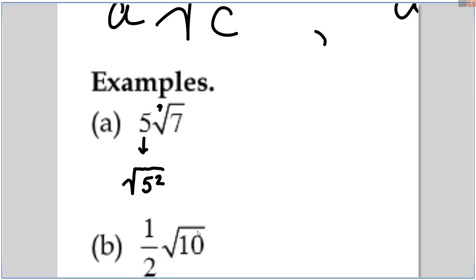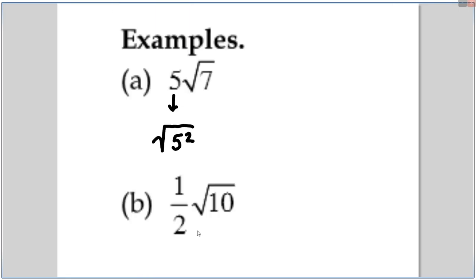It's not there, but it is there. Square root 7 stays the same. Did I change anything by writing it like that? What happens when you square and square root something? It stays the same. So this is still 5. I squared and square rooted.